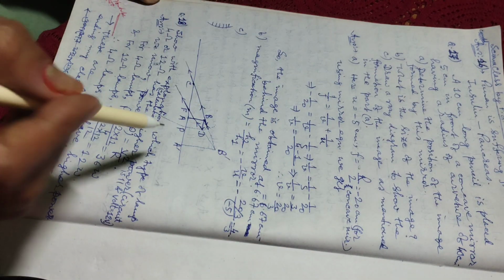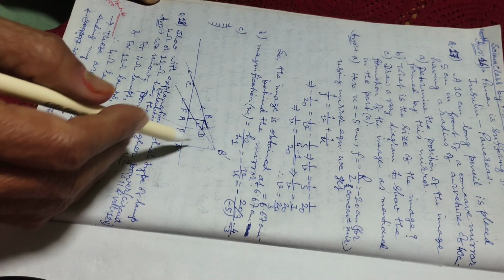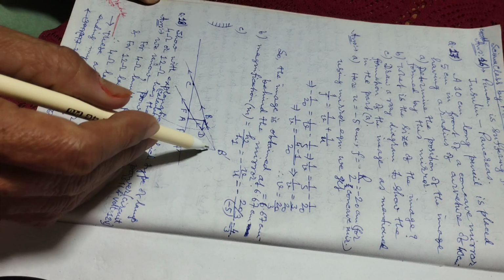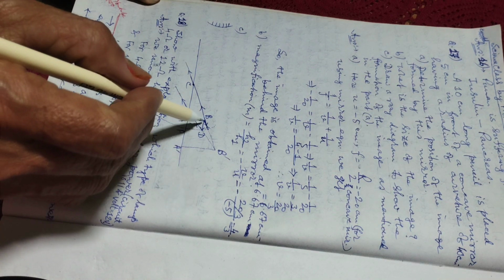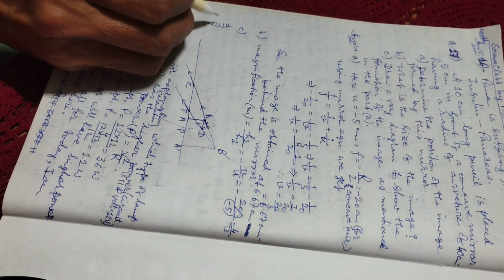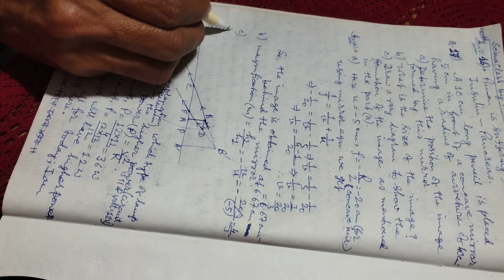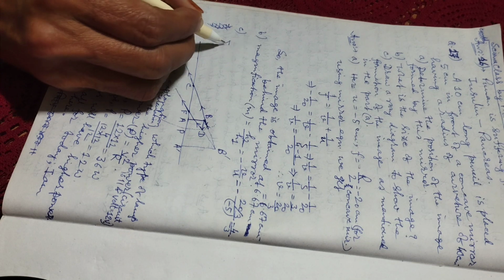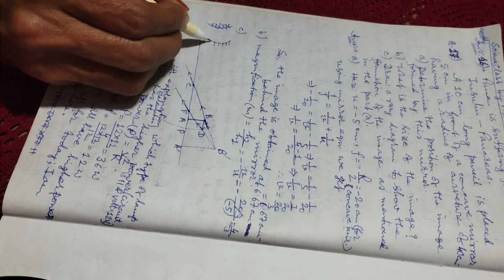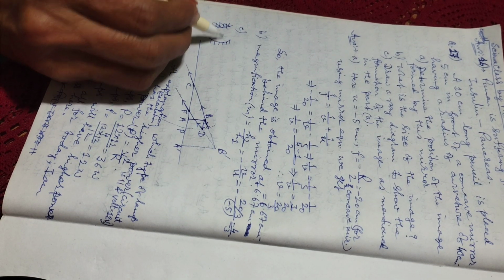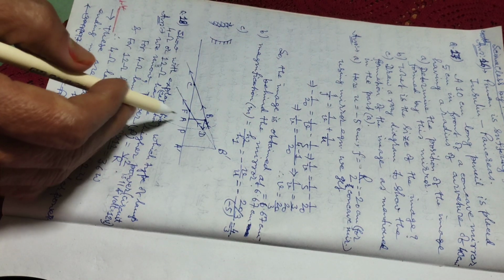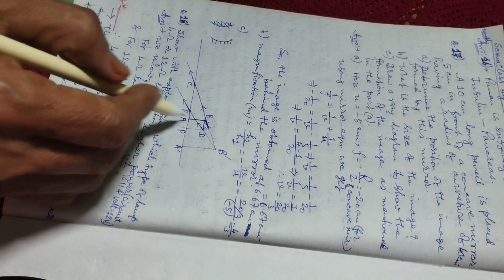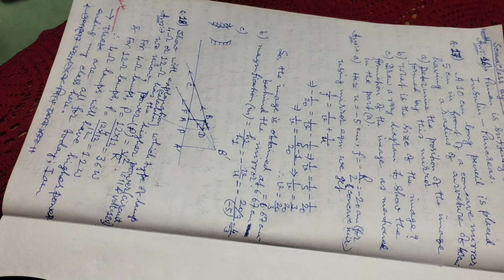The pencil is placed in front of the concave mirror. Concave means like this. So the front position will be here. Let this be the pencil AB.